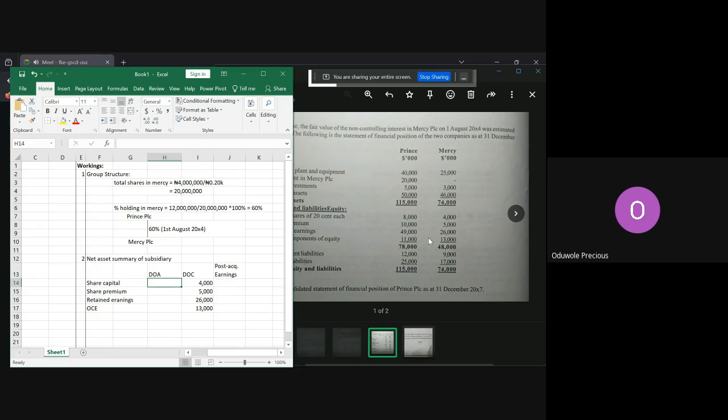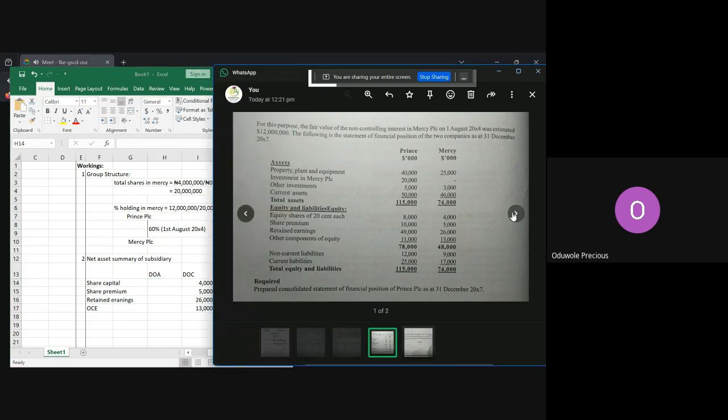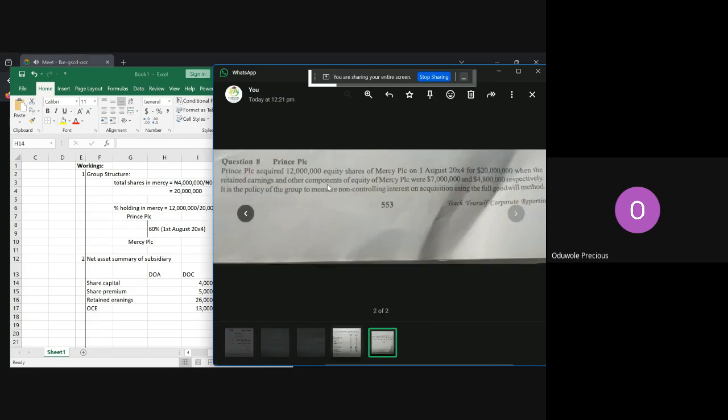Okay, so we will now go back to the beginning of the question to check what was there during the acquisition period. So during the acquisition period, it says purchase for so and so amount.